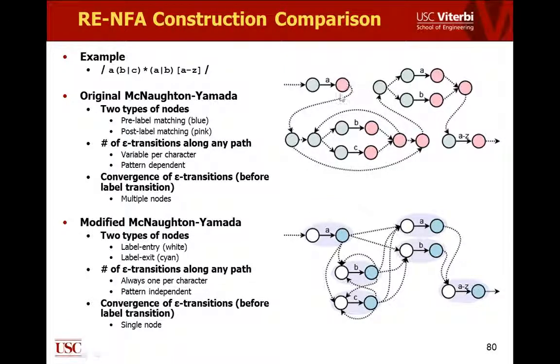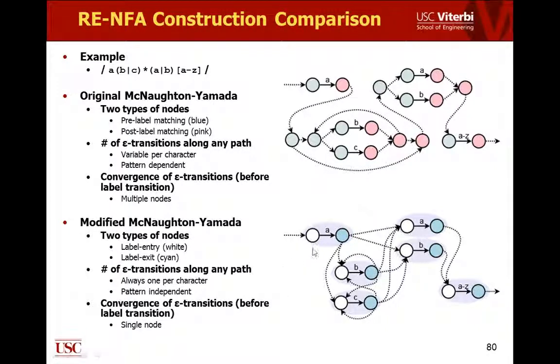For example, I could have gone from this state through this state here, all the way like this to one of the states like that. Up to 4 epsilon transitions is possible. This is our architecture, our NFA architecture, using our modified construction, with the nice property that every time I do this epsilon transition here, for example, I did this transition here, the next transition out is going to be a non-epsilon transition here.